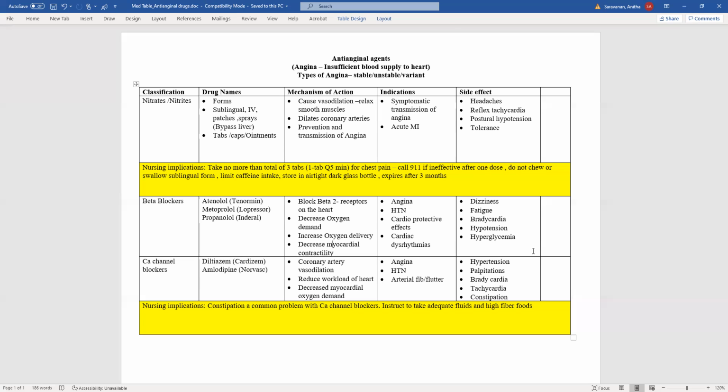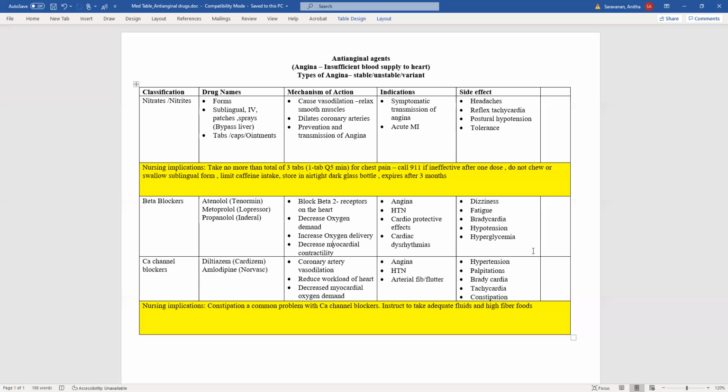There are again different categories under this, just like beta blockers, but for purposes of this class, I would expect you to know cardizem or diltiazem and amlodipine. And the way to know is that from your fluid electrolytes class, you probably know the action of calcium in terms of smooth muscles, right?